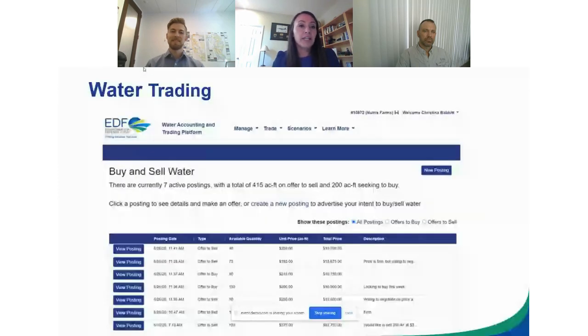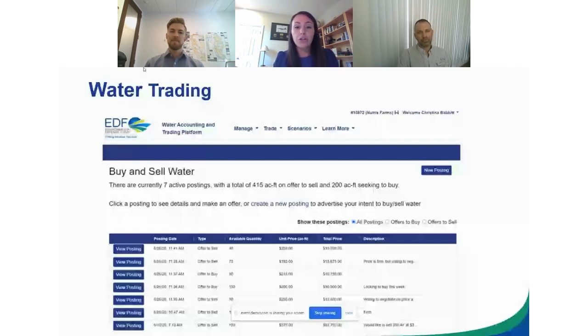Next, I'll briefly highlight a water trading page. If you go to the trade menu, buy and sell water, you can see a bulletin type trading platform. We heard loud and clear from users that they wanted something simple to use, and this allows people to either post a posting to buy or sell water, or view available postings that are in the system.